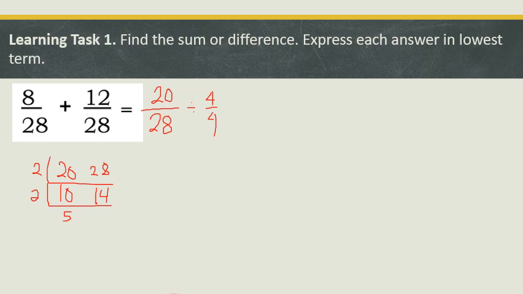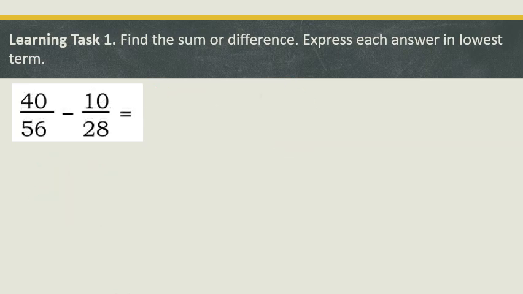Ang 14 divided by 2 ay magiging 7. So, since wala na pong common factor ang 5 and 7, so ito po ang pag-multiply natin. So, kaya po ang common factor ng 20 and 28 is 4. So, 20 divided by 4 is 5. 28 divided by 4 is 7. So, kaya ang answer natin dito is 5/7.